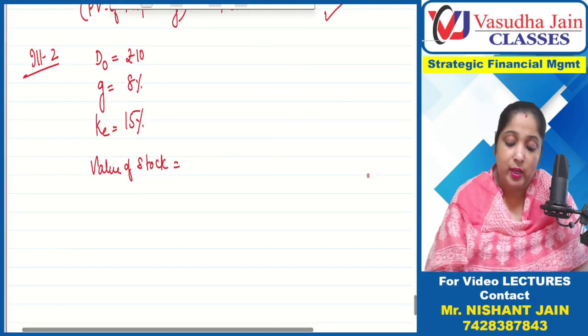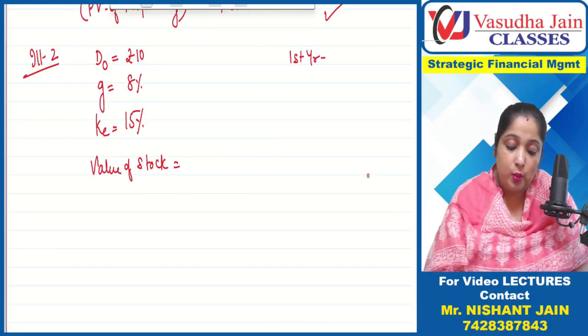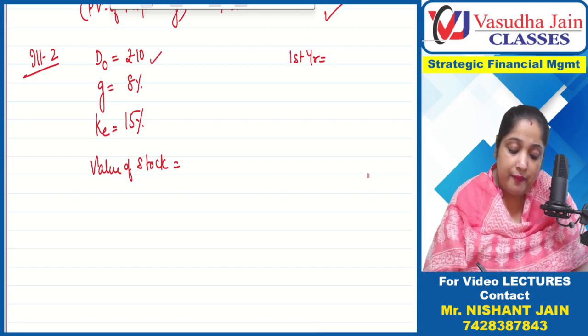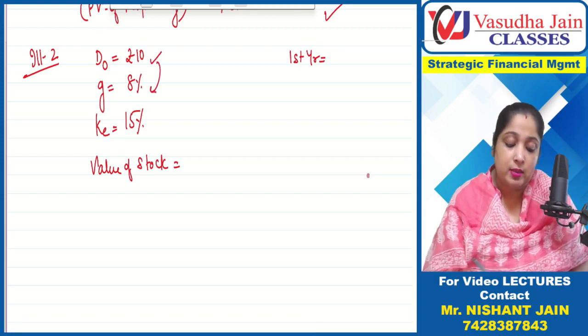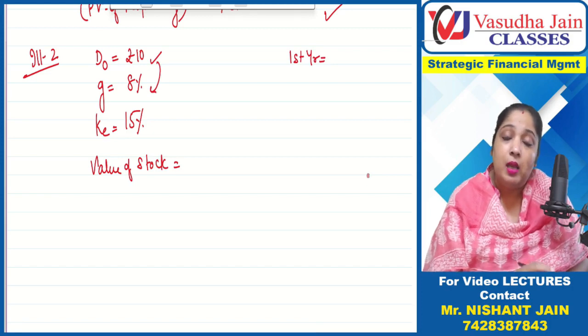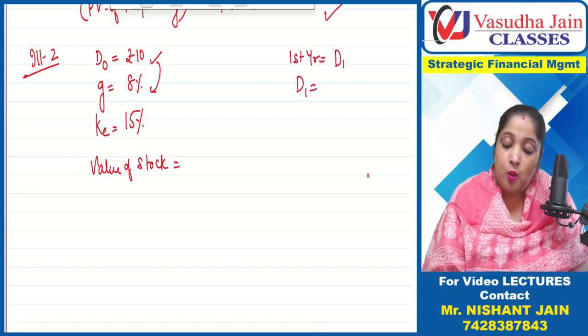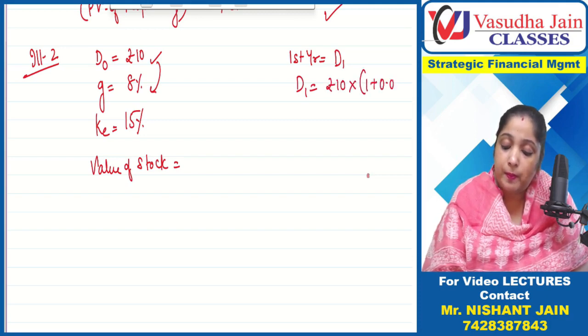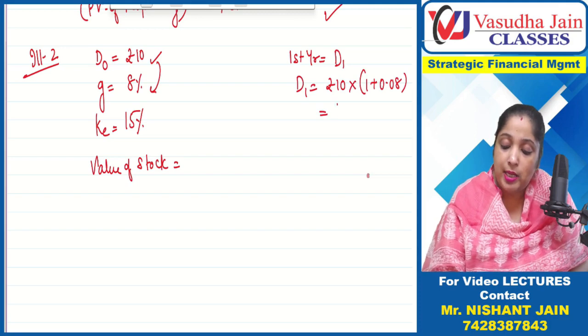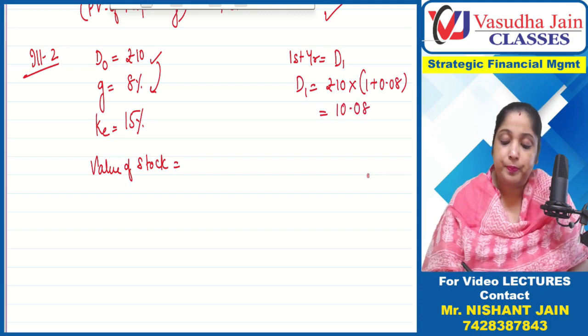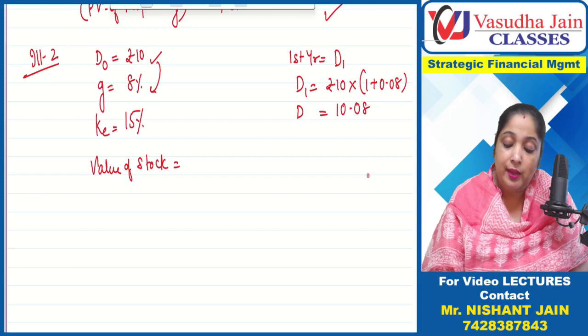What is the benefit you will get in the first year? Not 10 rupees of dividend, because every year the dividend is going to grow at 8%. This is a dividend we have already received. In the coming year, I want D1. What is D1? Whatever dividend you have got, you have to increase with the growth rate. So it is going to be 10.80. This is your D1.